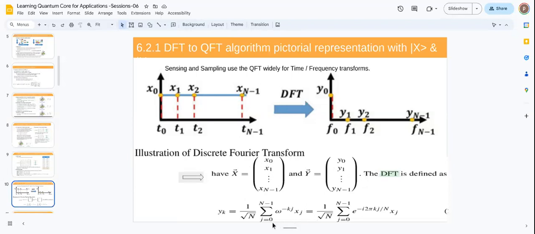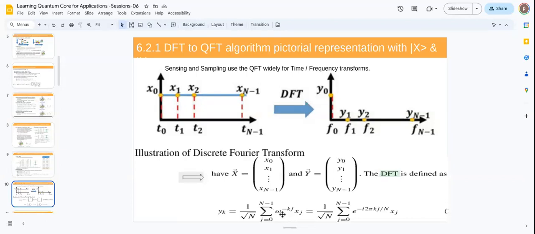This can also be represented by Y equal to, because you have to normalize, 1 by root n if you have n samples, times the sum over j equal to 0 to n minus 1. Yk is the sum over j equal to 0 to n minus 1 of xj, the input, multiplied by a rotational vector which we call omega to the power minus kj.